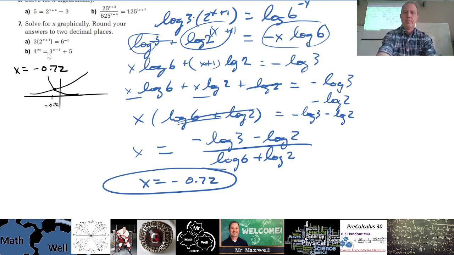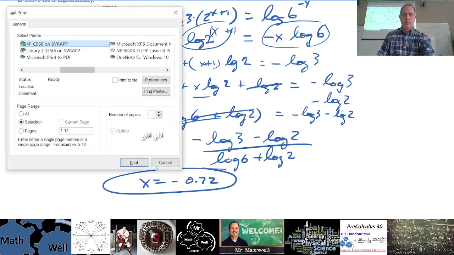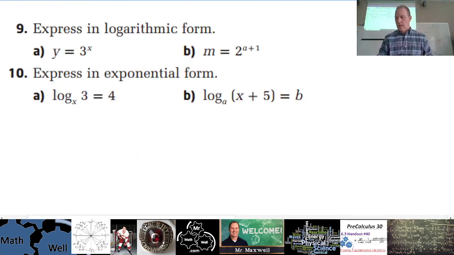All right, so number 9 in the cumulative review from chapter 8 says express in logarithmic form. When you have exponential form, remember the log is an exponent. The base is part of the log, so it's going to be log base 3.